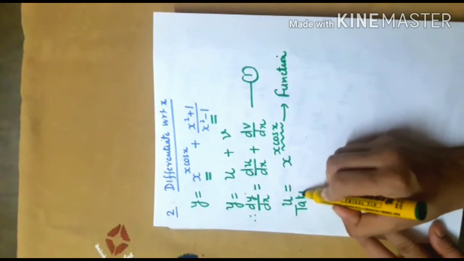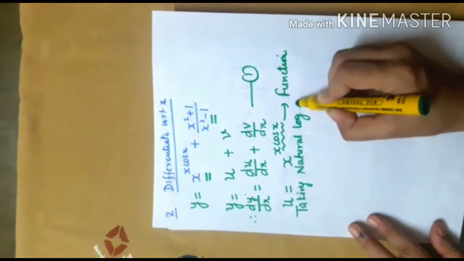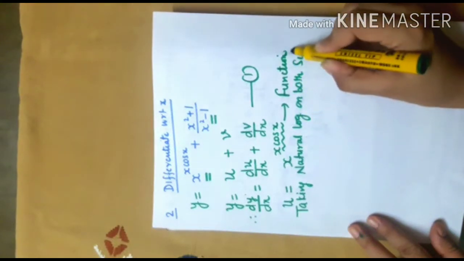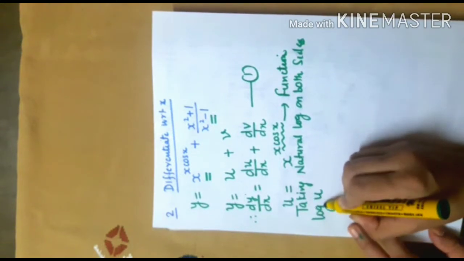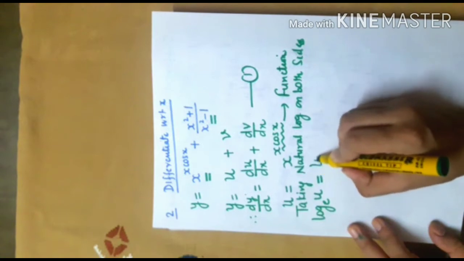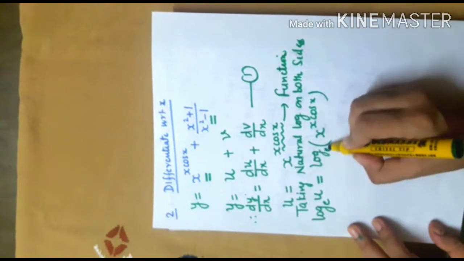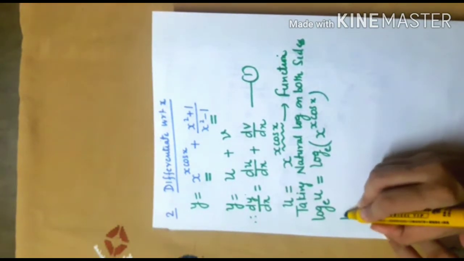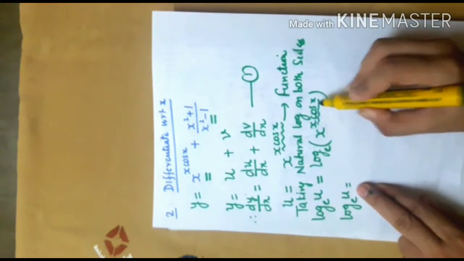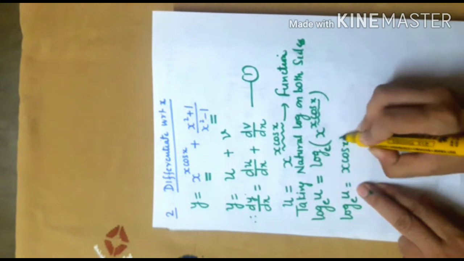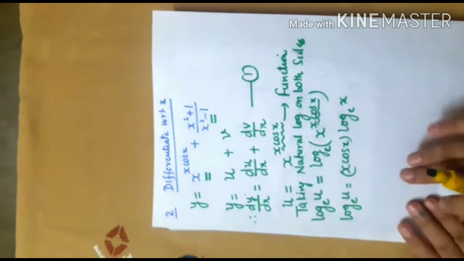So, taking natural log on both sides, I'll get log u to the base e equals log x raised to the power x cos x, right? So this is log u, and by property of logarithm, this exponent will come in the front. So it's x cos x log x, right?